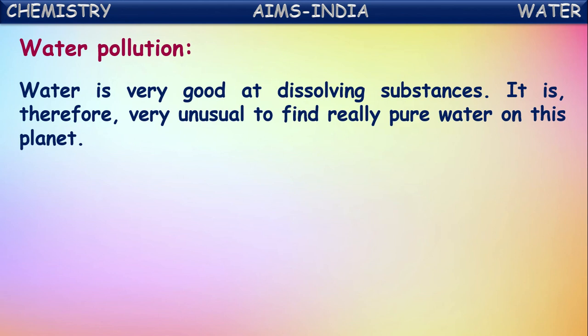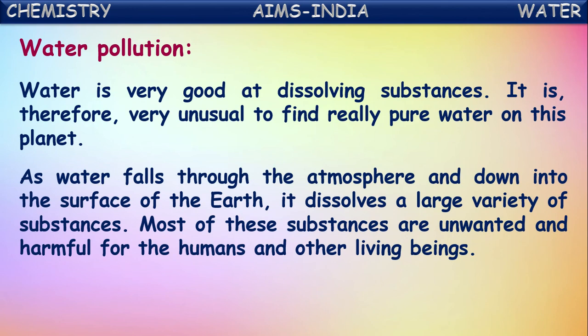We cannot find the purest water on this earth because it dissolves certain substances immediately. Why? Because water can dissolve almost all substances. Whatever substances are available, they dissolve immediately into water. That's why it is very unusual to find really pure water on the planet.